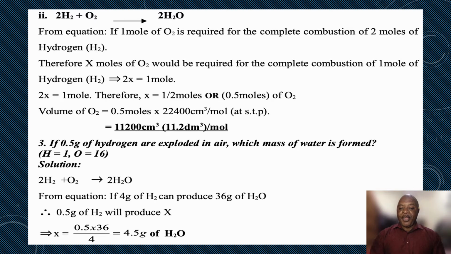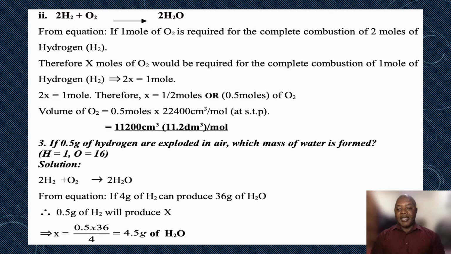So question number 3. If 0.5 gram of hydrogen is exploded in air, which mass of water is formed? Simple. It's very, very simple. And I told you, if you want to succeed in chemistry, especially in stoichiometry, a balanced equation is very, very important.